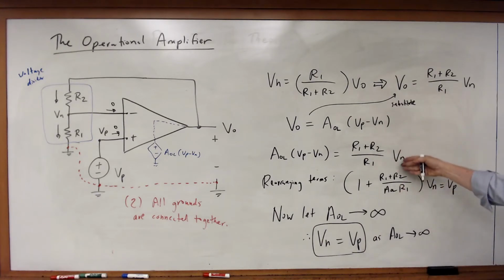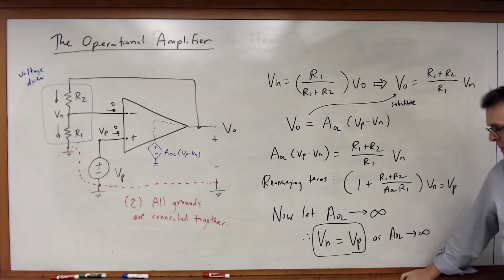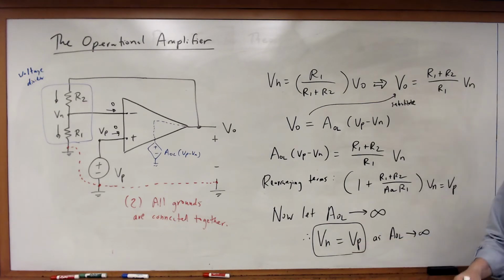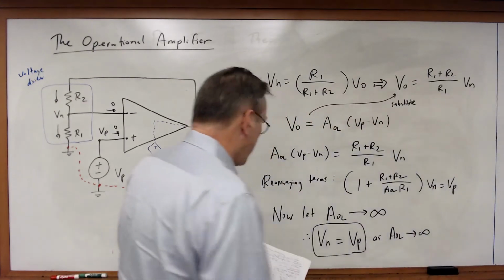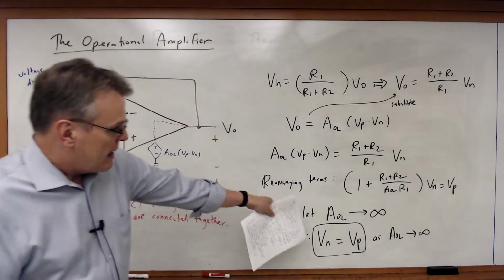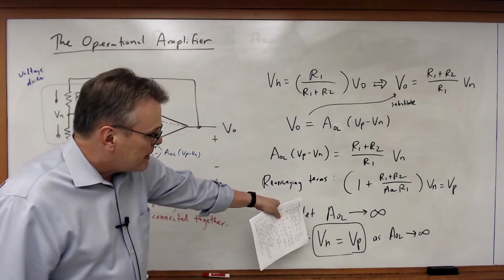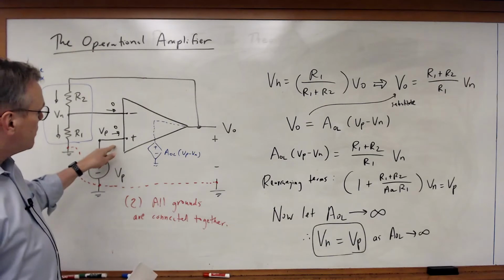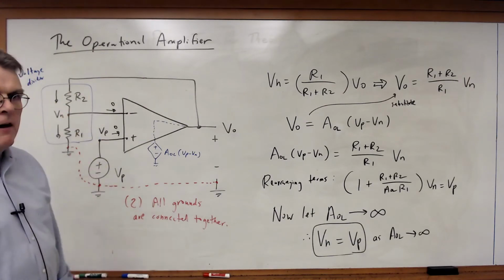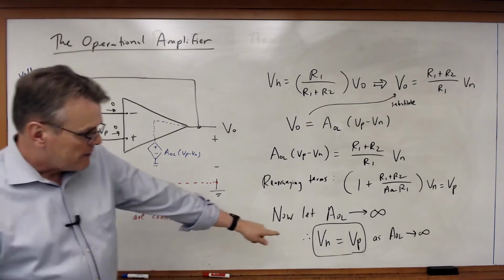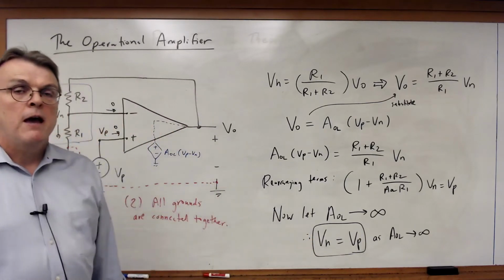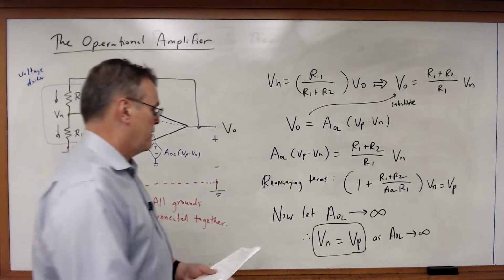So this term goes to 0, so just 1 times Vn is equal to Vp. An interesting result. And what we find then is the potential at the inverting input must be equal to the potential at the non-inverting input. We give a name to this. We call this a virtual short circuit.